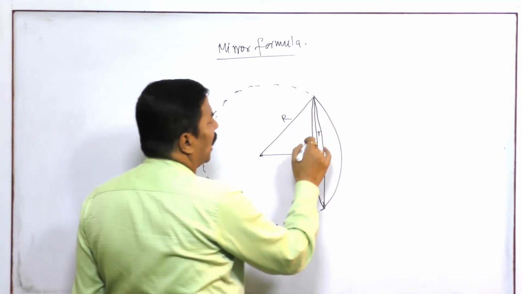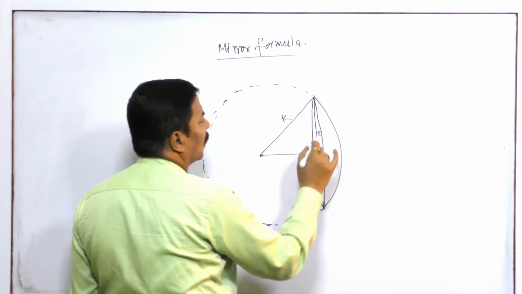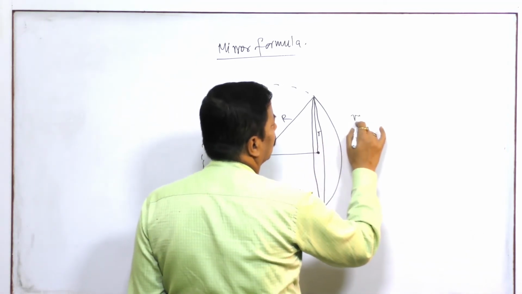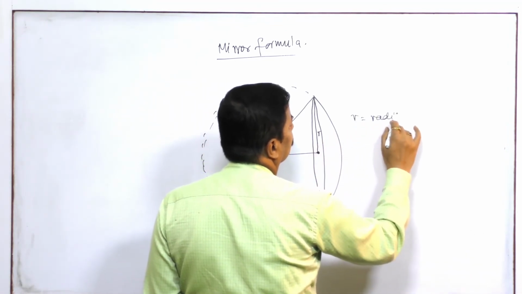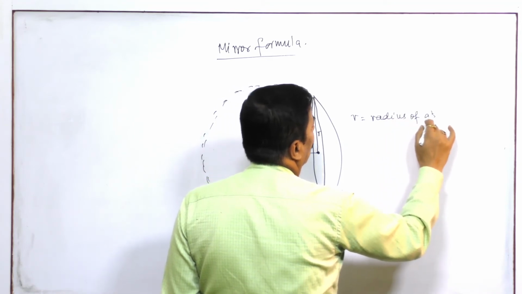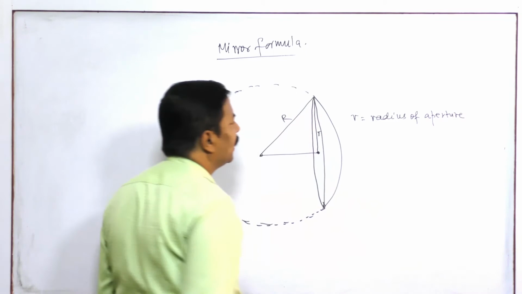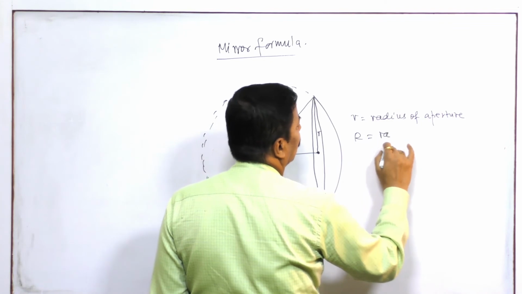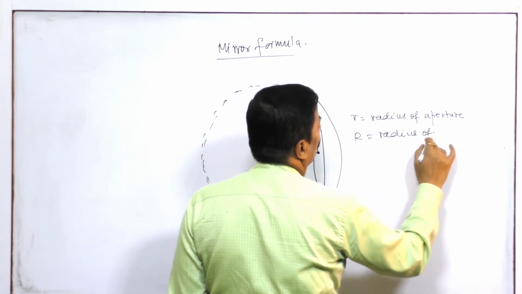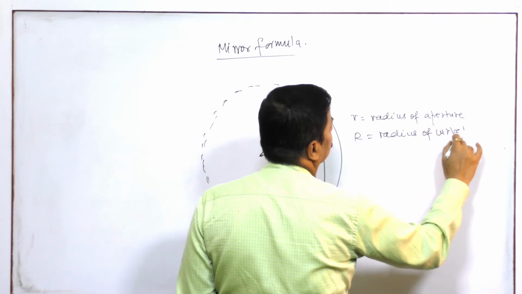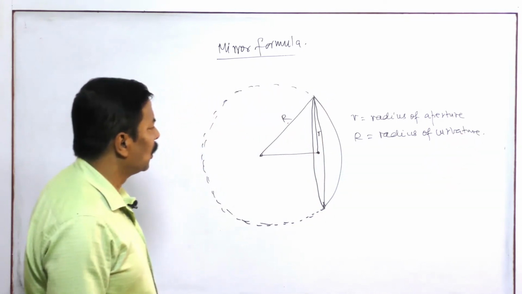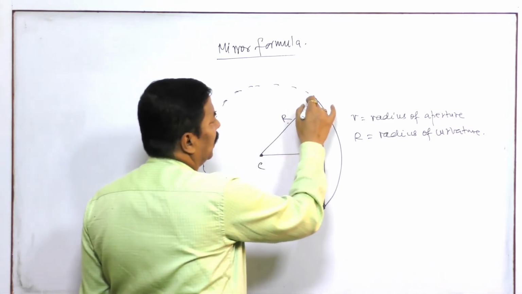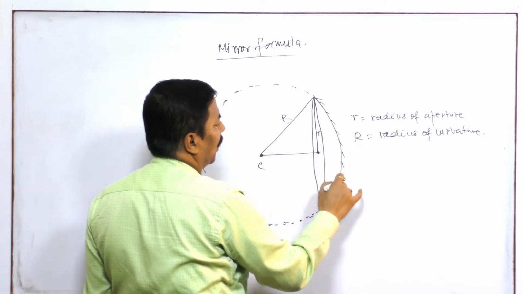So this small r represents your radius of aperture. And what is R? This is the radius of curvature, and this is your center. This thing should also be kept in your mind.